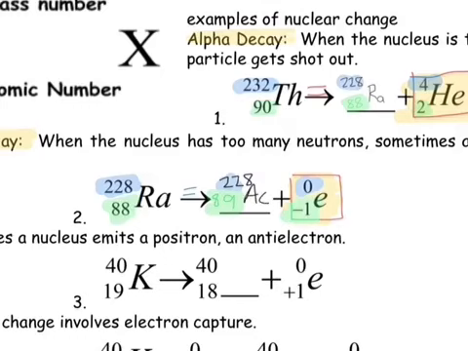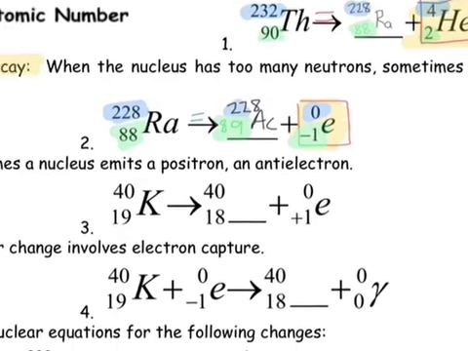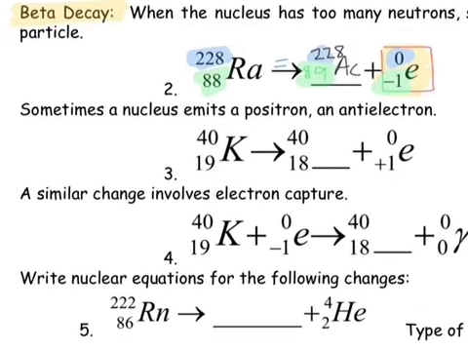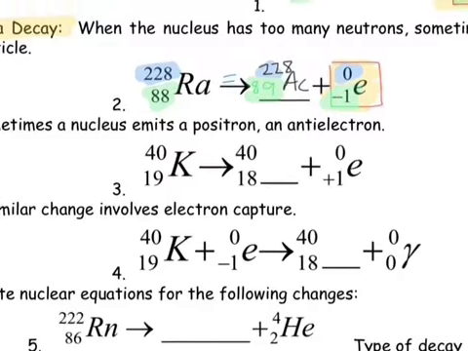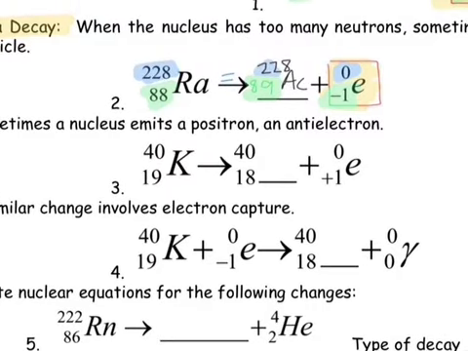Okay, so for the last two, we have a positron coming out. A positron is really the same thing as an electron, but exactly the opposite. It's really just a positive charge coming out of the nucleus. So when that positron is emitted, once it comes out, our atomic number is going to go down by 1.